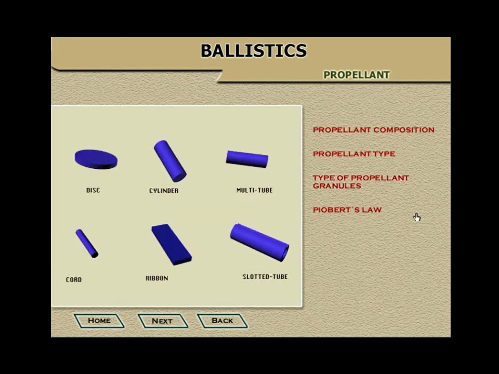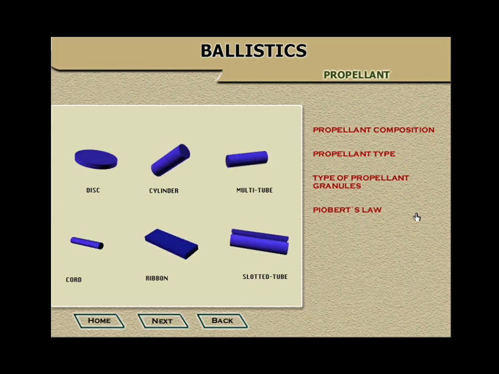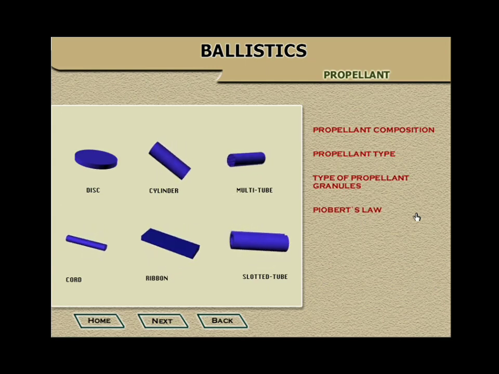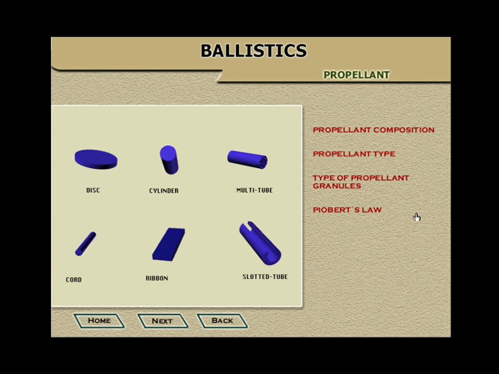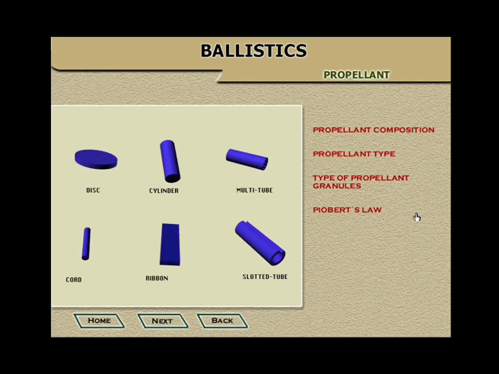Types of propellant granules. Commonly used types of propellant granules are disc, cylindrical, multi-tube, cord, ribbon, and slotted tube.